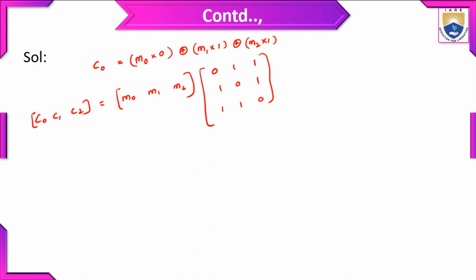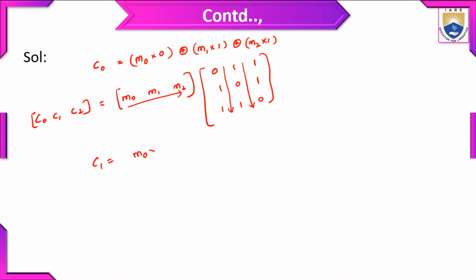Okay. So M0, M1, M2. The first row is multiplied with the first column. So M0 into 0, XOR operation of M1 into 1, M2 into 1. So in between they are having XOR operations. Like that, C1 is equal to, this is the first one, and now this is the second column.